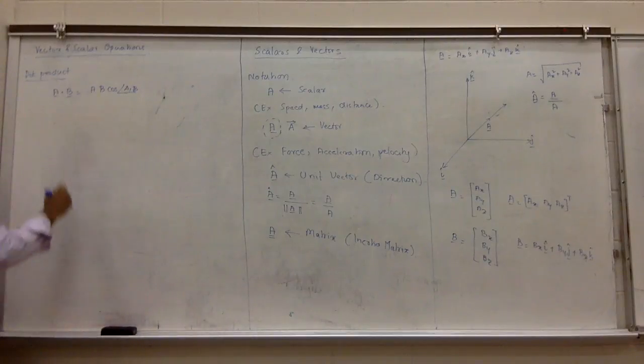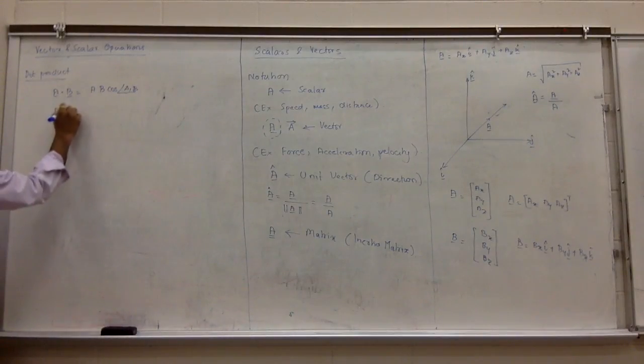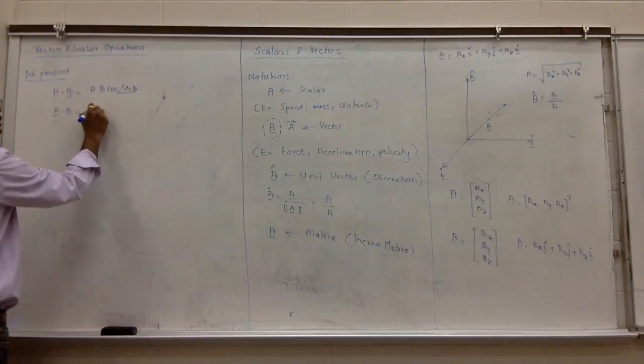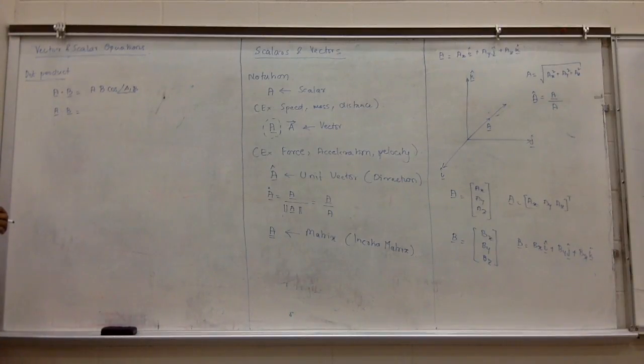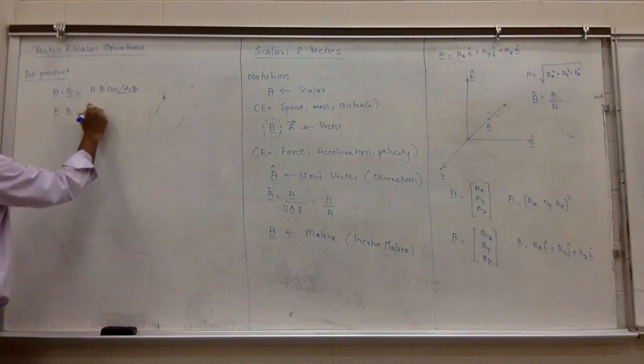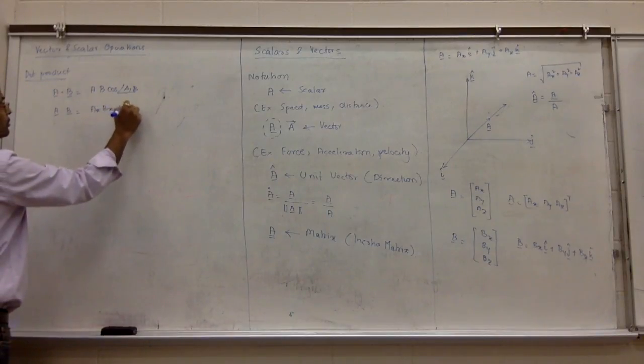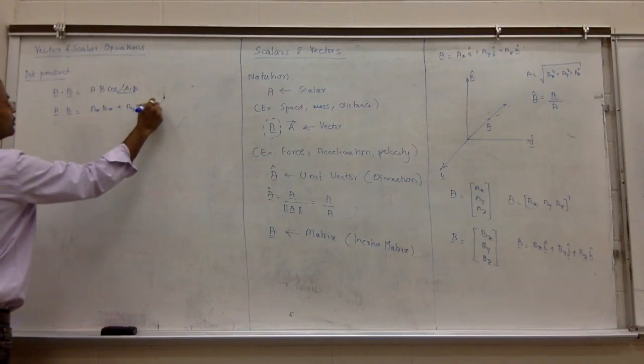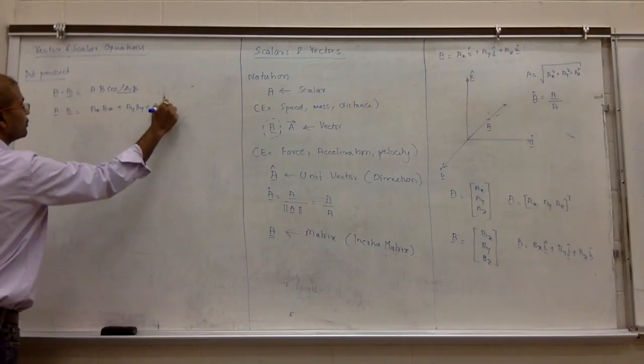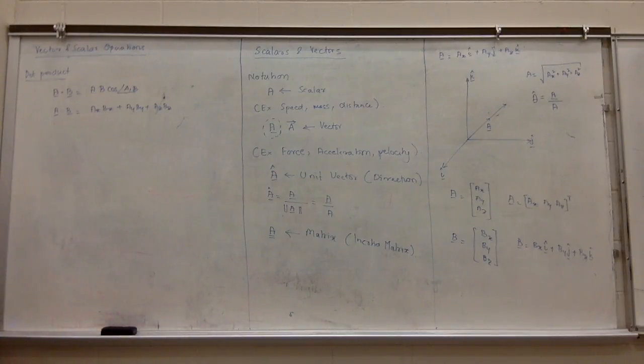If you are given that notation, what is A dot B? It is ax bx plus ay by plus az bz.